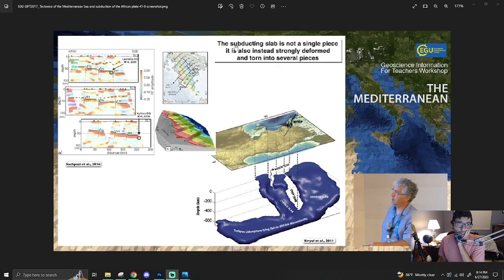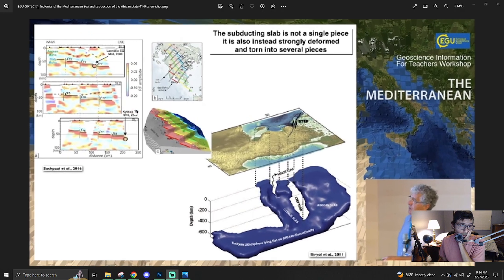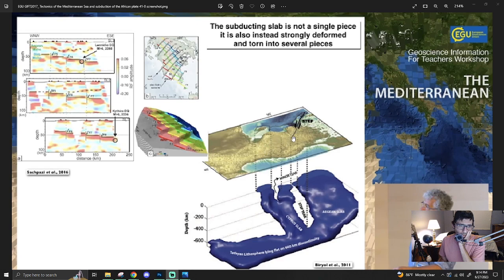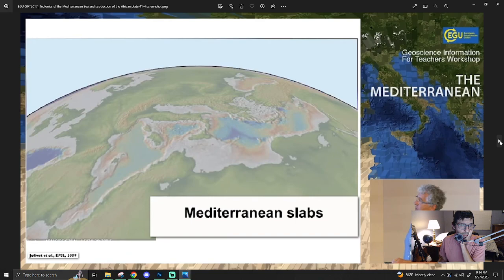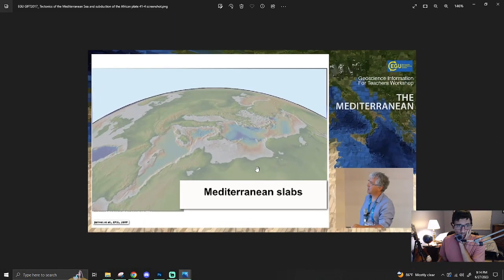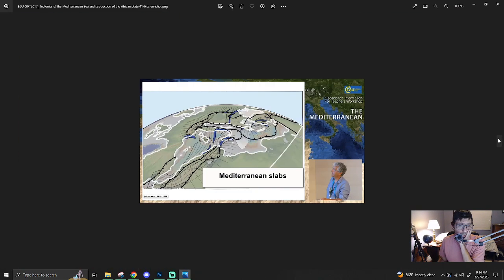Subducting slab is not a single piece. It is also instead strongly deformed and torn into several pieces. It's underneath Turkey, I guess. I'm not sure what to make of that. Mediterranean slabs. And then this is the end of this.